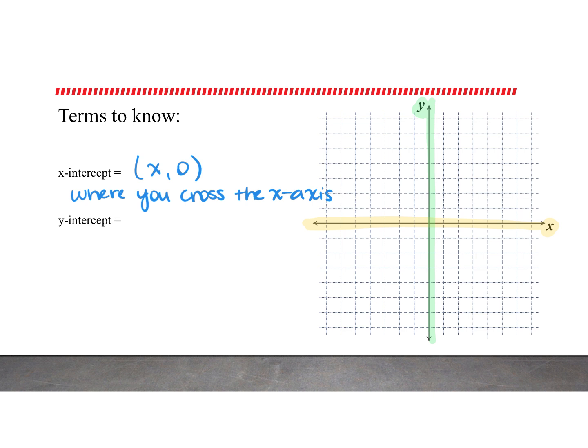And our y-intercepts are always going to be in the form of 0, y, because that is where you cross the y-axis. So we are going to look for these two specific ordered pairs, and then we can graph with them.